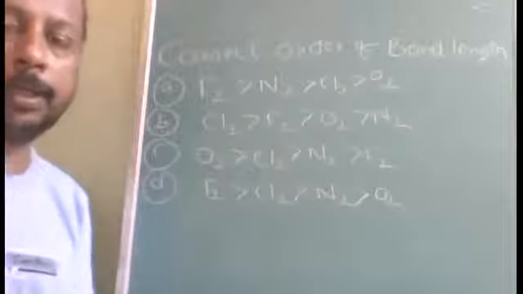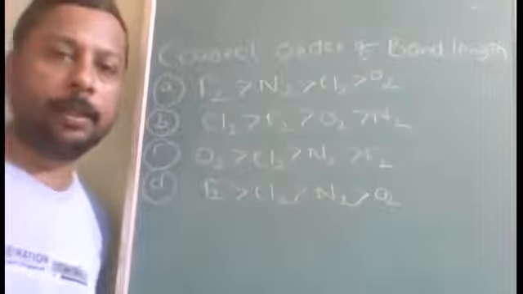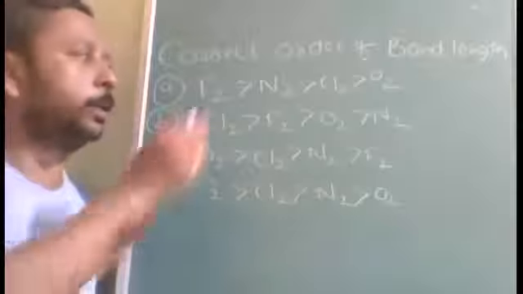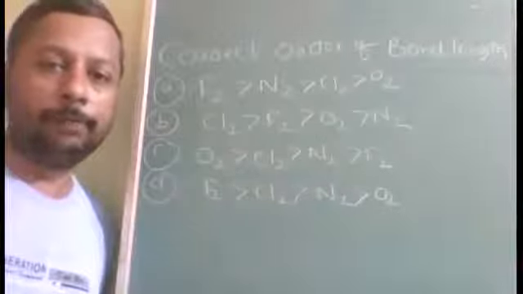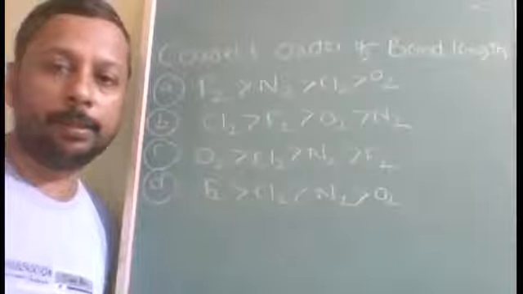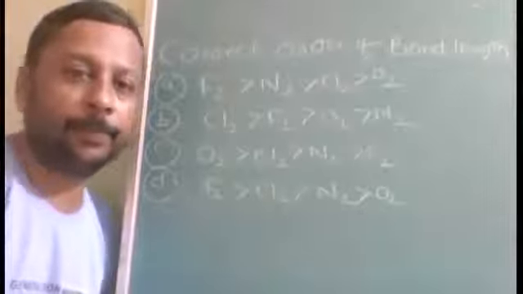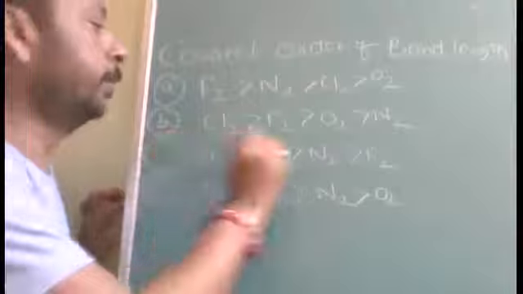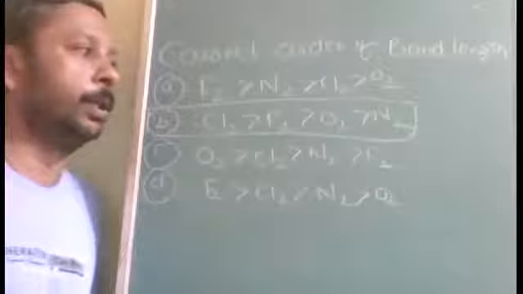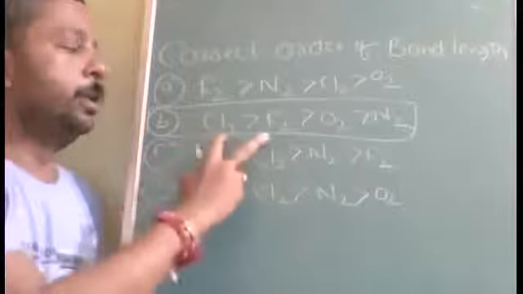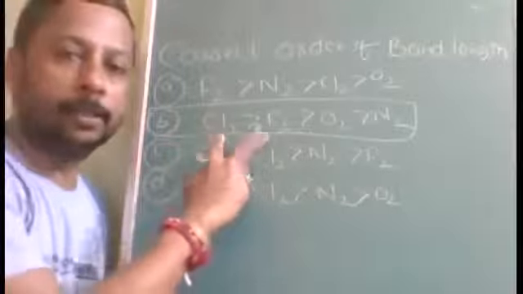Okay, next question is the correct order of bond length. F2, N2, Cl2, O2, like this. So the answer to this question is very easy. Cl2 greater than F2 greater than O2 greater than N2. Here these two are based on size.